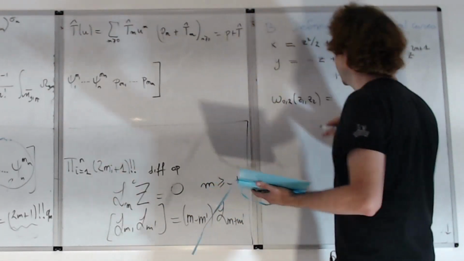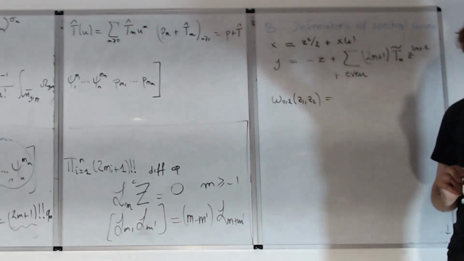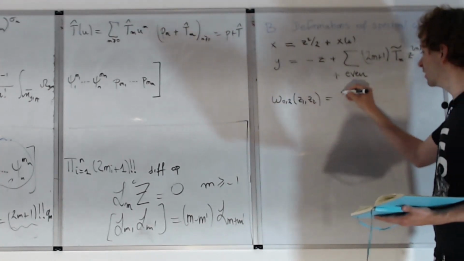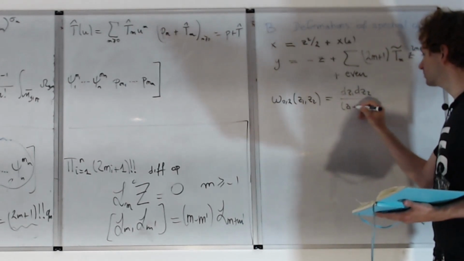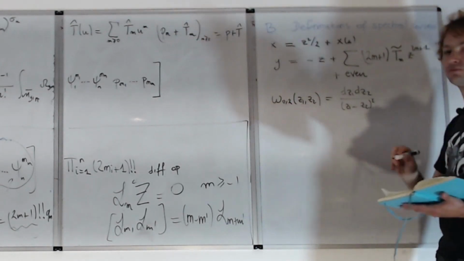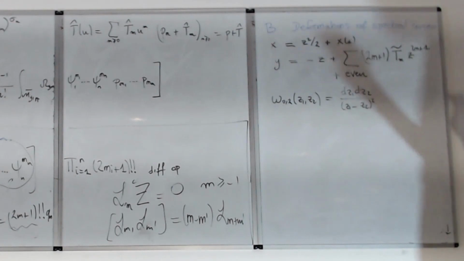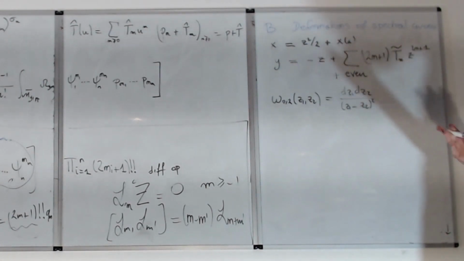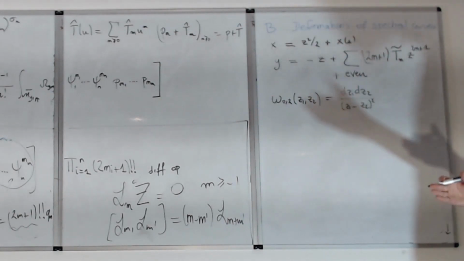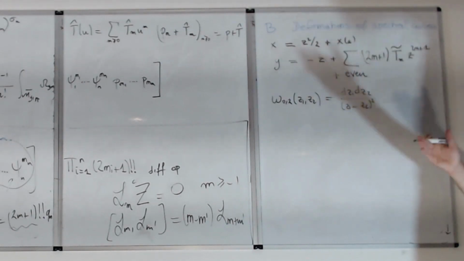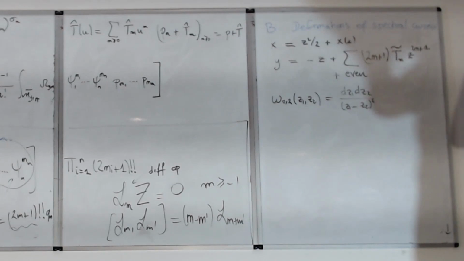And then you have the omega 0,2. This one we know must have a double pole at coinciding points with residue 1, and then it must be holomorphic. Here I expand everything because TR is a residue computation at the point, so it's enough to know the expansion of your spectral curve near the ramification point.